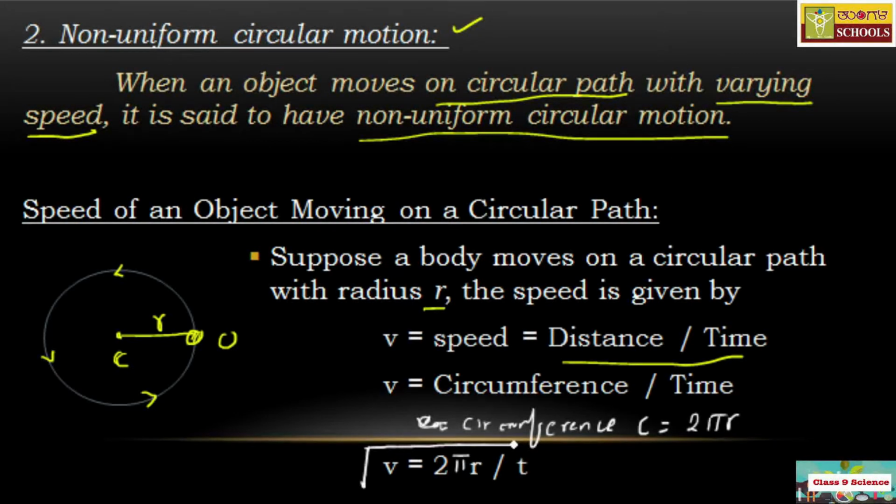Therefore you are left with v is equal to 2 pi r upon t. This is the speed, or you may call velocity, formula for the object moving on a circular path. So v is equal to 2 pi r upon t.